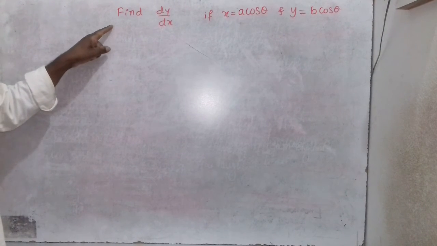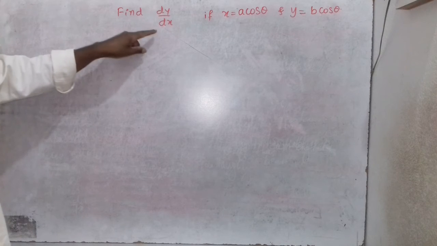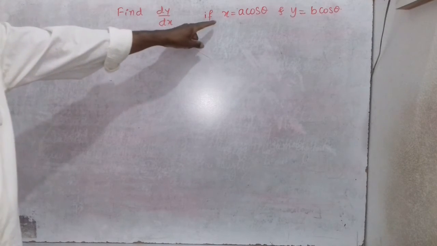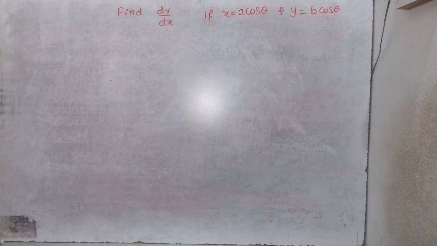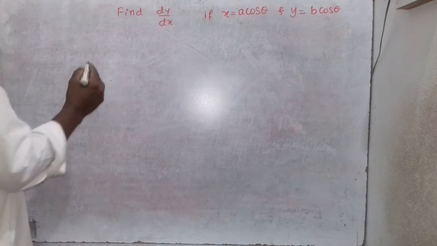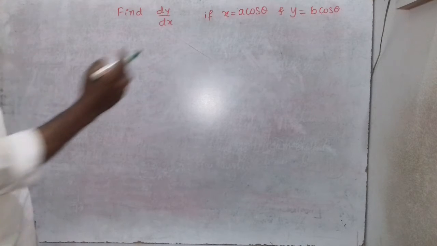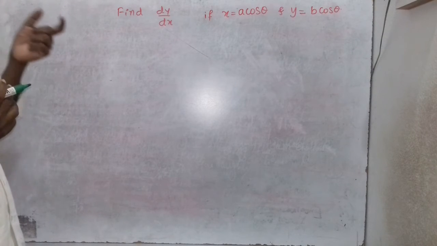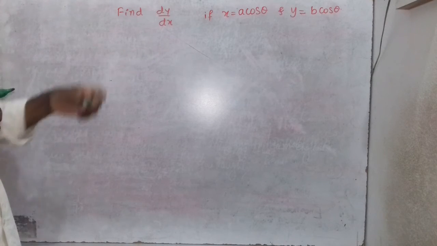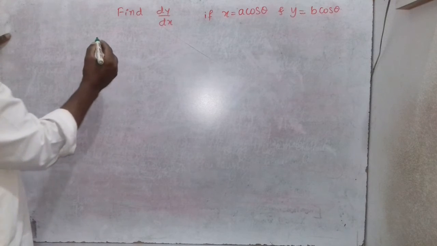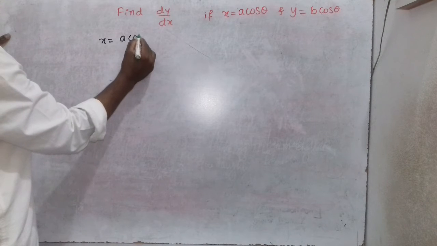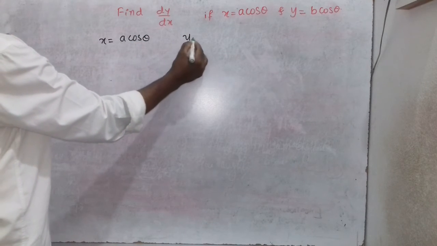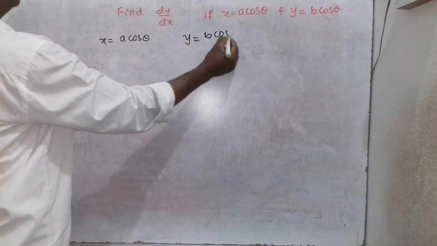Now consider this problem. Find dy by dx if x equals a cos theta, y equals b cos theta. The common parameter is theta here, so we have to differentiate x and y with respect to theta.